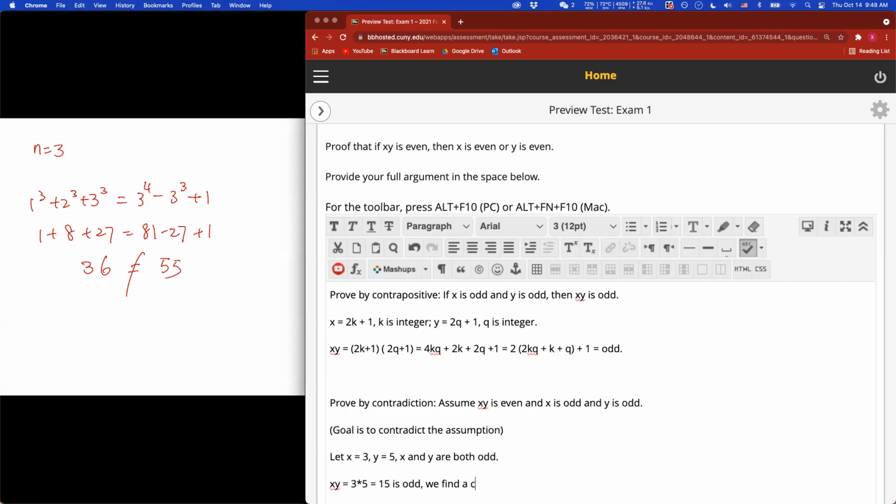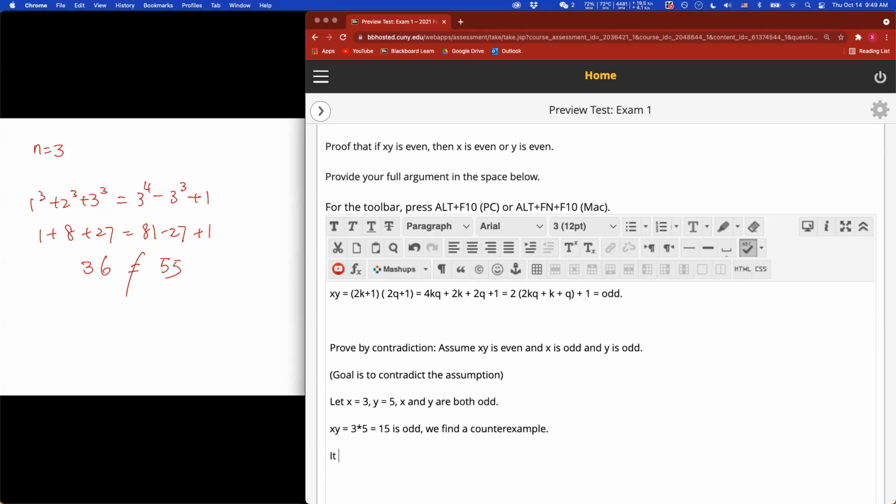We find a counterexample. So we know it contradicts that xy needs to be even.